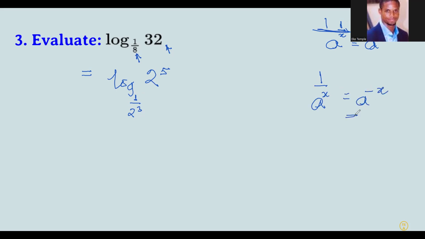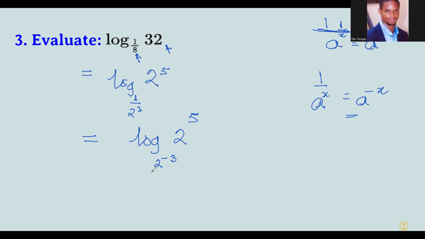This is the law of indices, and you need to watch another video I've made on indices as a topic. You have to study that lecture before you can understand this perfectly. So let's go. Now we can rewrite by applying that law. This is going to give us log base 2 to the power negative 3 of 2 to the power 5. And this is one of the laws we studied today in our lecture.